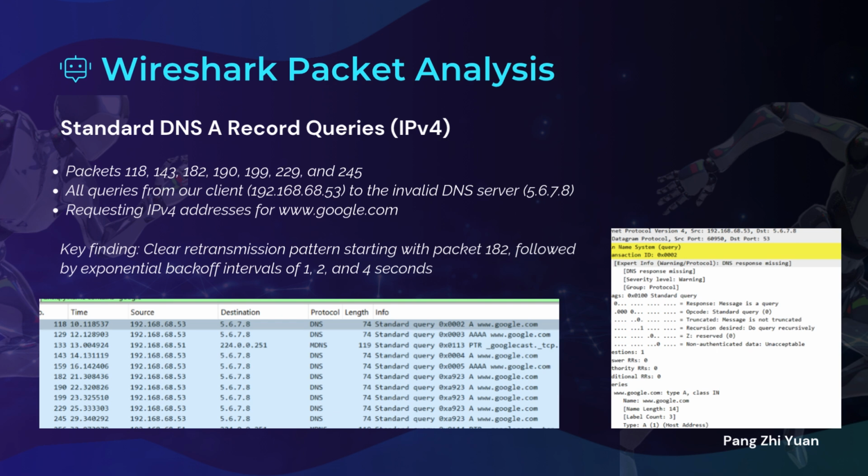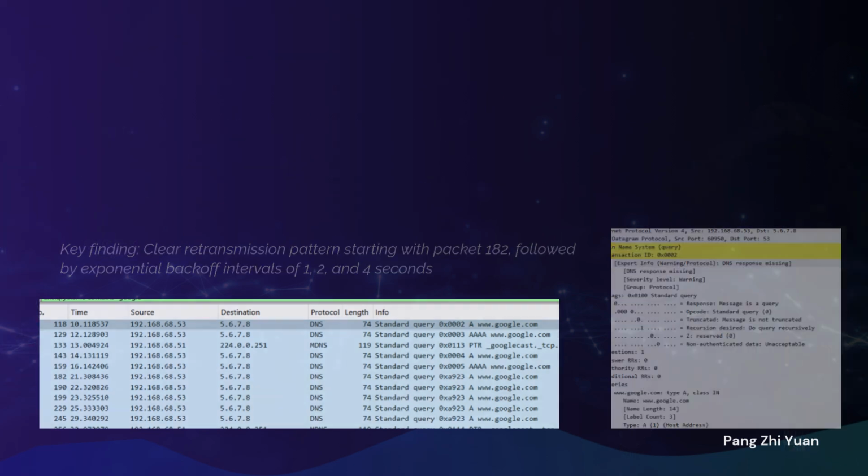From the analysis, all these queries from our client to the invalid DNS server 5.6.7.8 that we configured before are requesting the IPv4 address for www.google.com. The key finding is a clear retransmission pattern starting with packet 182, followed by exponential backoff intervals of 1, 2, and 4 seconds, which we also saw from our command line tools before.